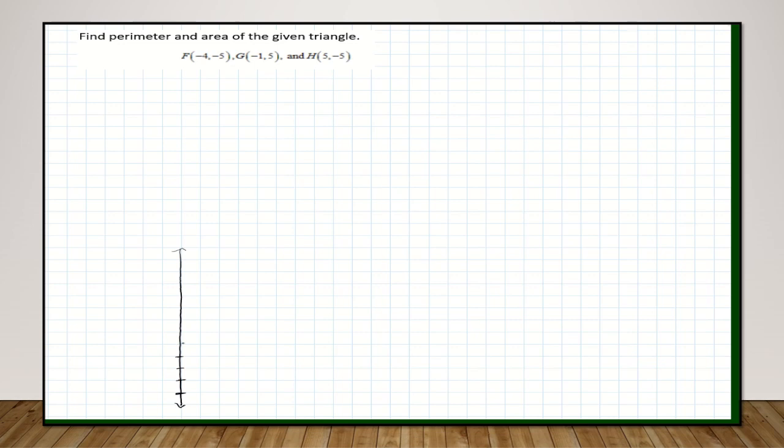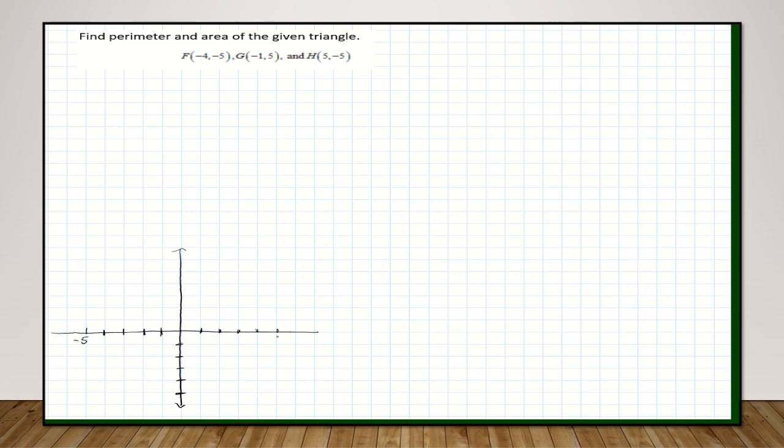Now, because I'm given the vertices, I'm going to go ahead and do a quick sketch of the triangle on a coordinate plane. So what I'm going to do is plot all those 3 points that I'm given on a coordinate plane.